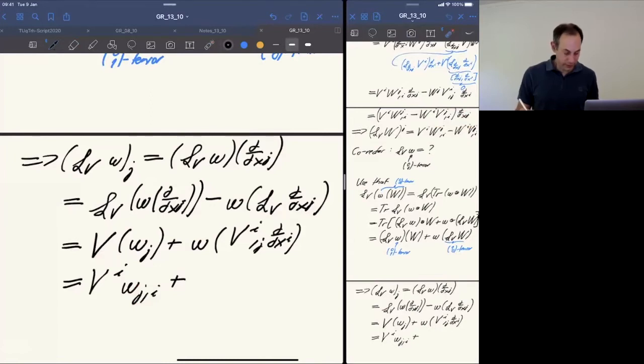Now this W here that I have acts on something with a vector ∂/∂xi, but we know that if I act with W on ∂/∂xi, I just get the i's component of W, and by linearity I can take this out of the argument. So what I end up with is V^i_{,j} W_i.